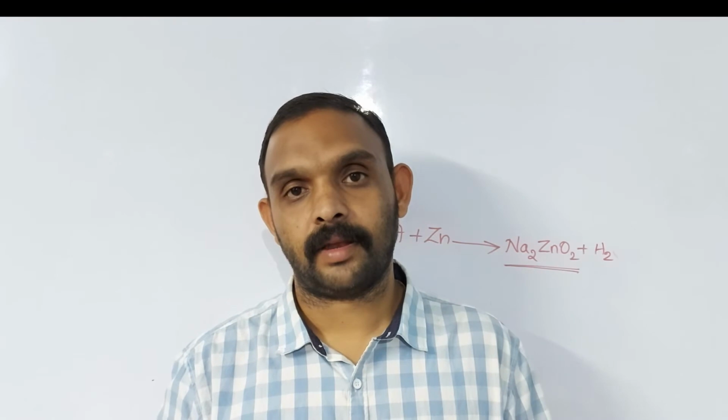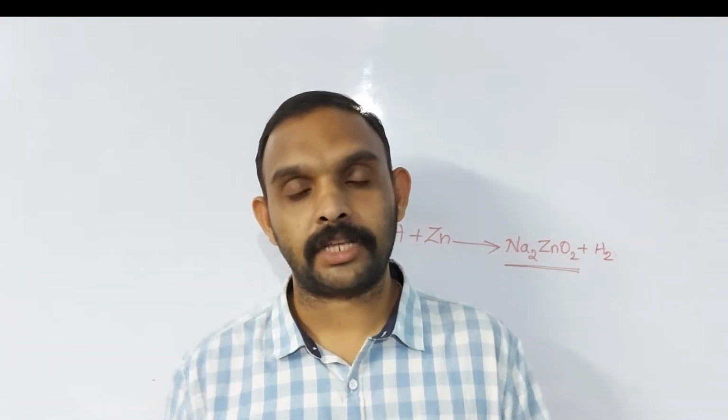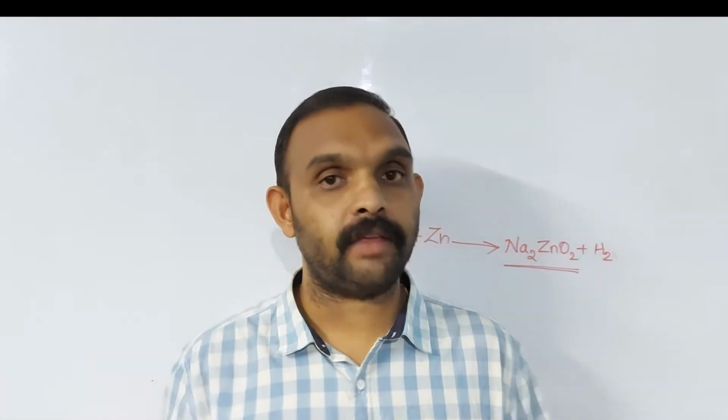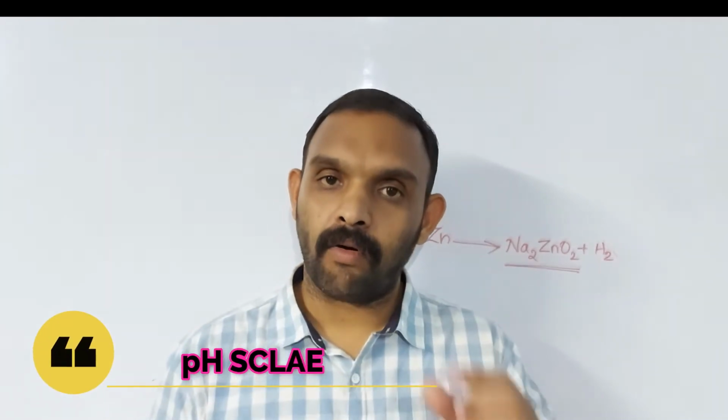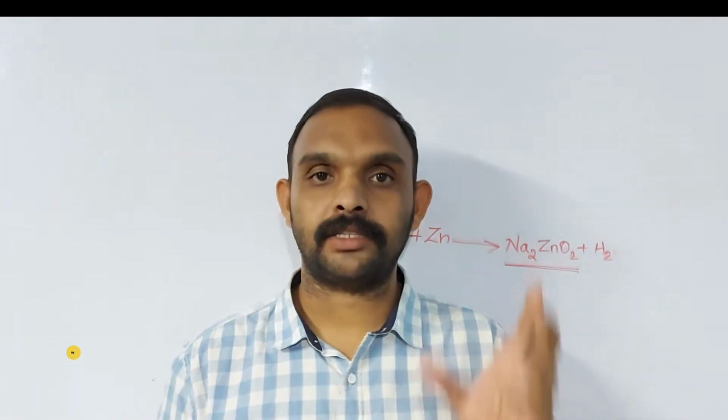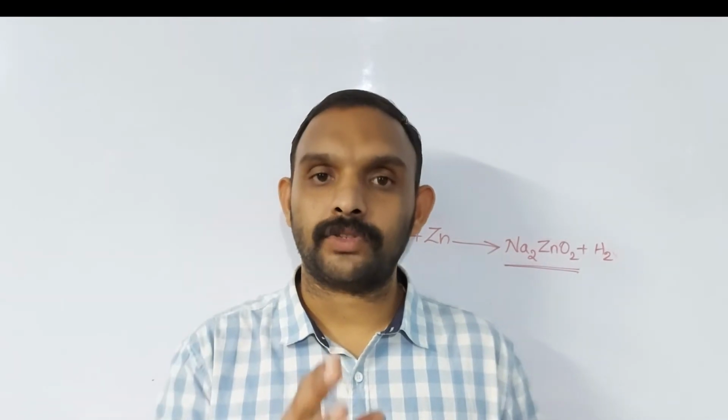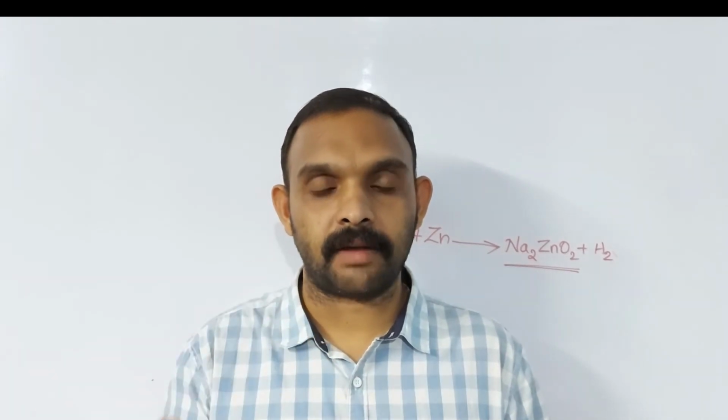Okay. Now we are moving to the next topic, which is also very important, that is called the pH scale. You have seen in our previous videos about the pH scale. I have prepared a video only for the pH scale and its importance. The pH scale is a scale which runs from 0 to 14, and it was discovered by a German scientist called Sorensen.